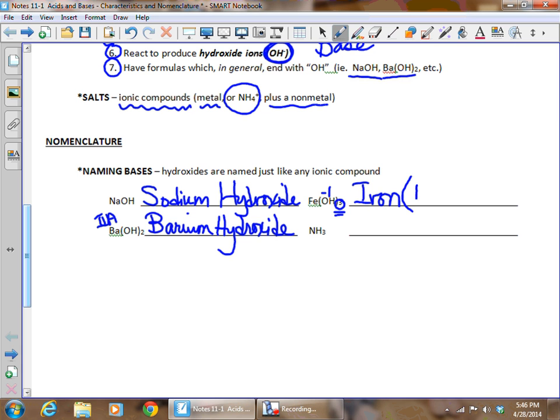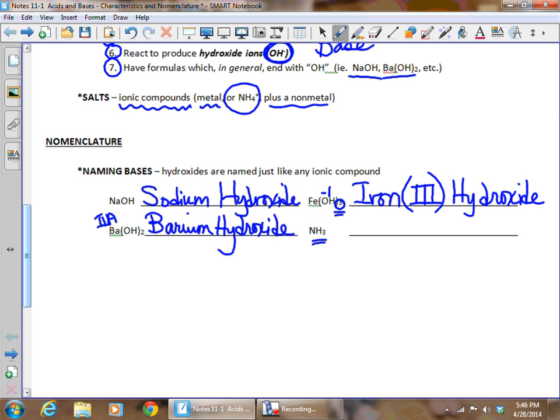This N number is a 3, and that's going to tell us that we need iron to have a charge of 3 in order to balance out those 3 hydroxides. So just by looking at that N number, we'll be able to tell what the Roman numeral is. So iron 3 hydroxide.